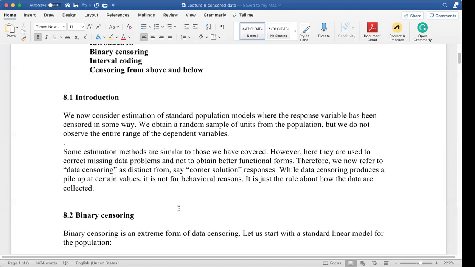So the problem you address with Probit, Logit, the multinomial response models, and Tobit are different from the problem we are addressing with data censoring.